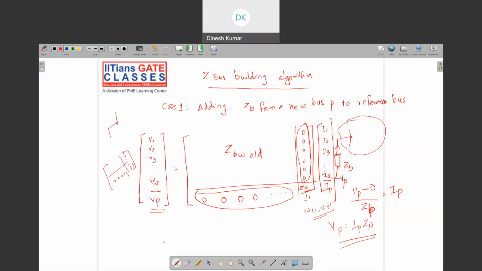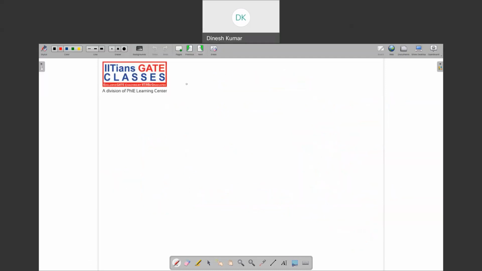Now the second case. Case 2: adding ZB from a new bus P to an existing bus K. So we have a power system here, and this is the reference bus, and this is another bus.